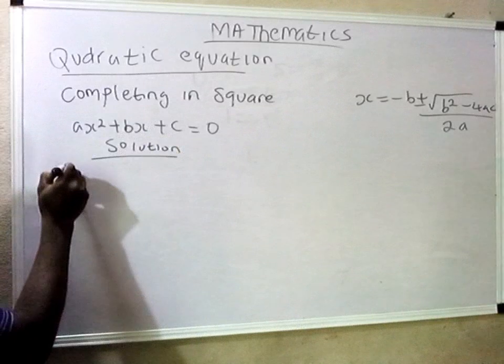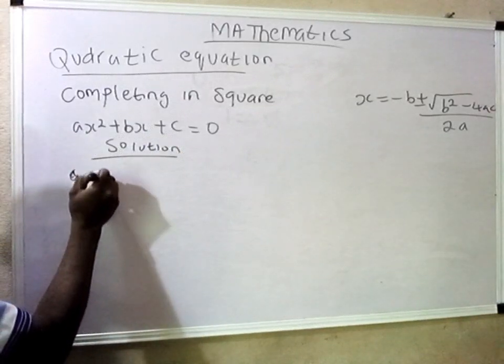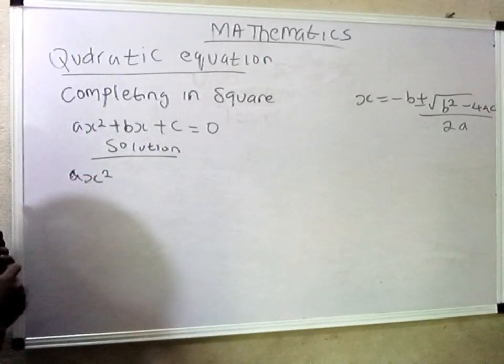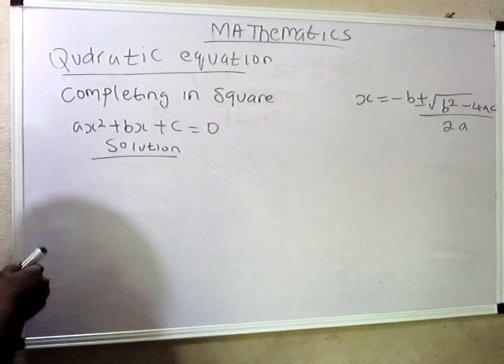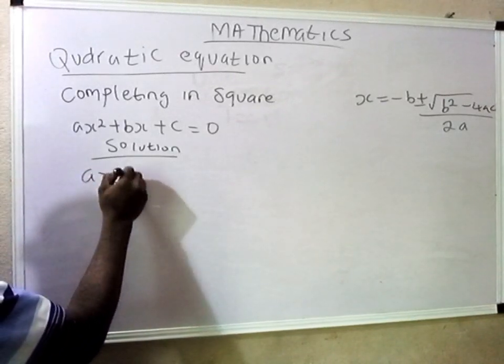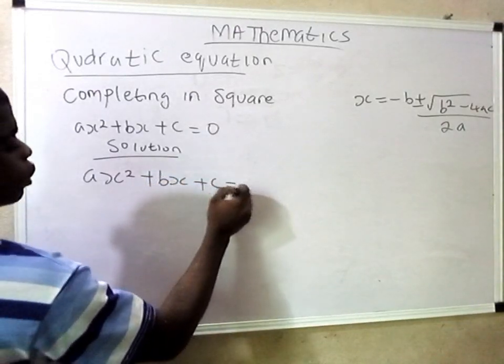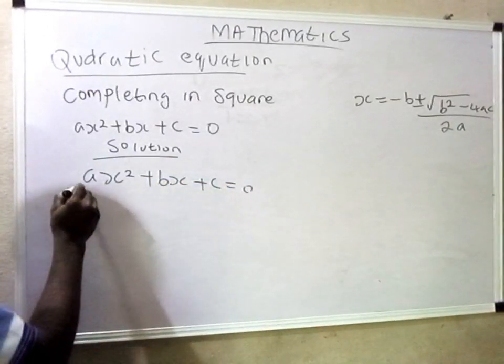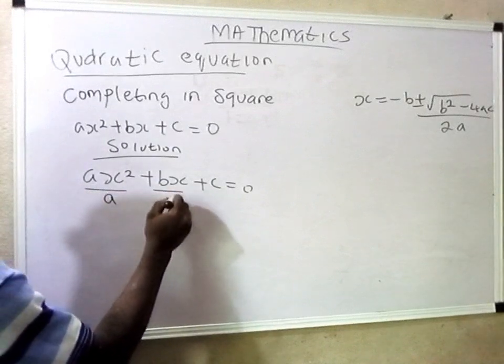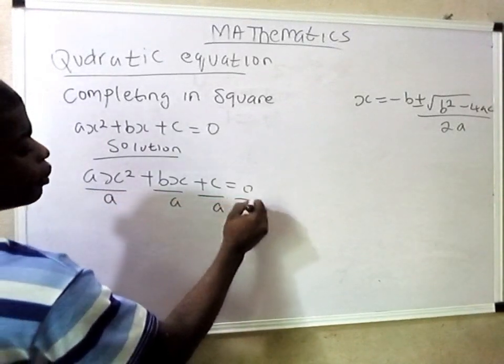So let's look at the question: ax squared plus bx plus c equals 0. The first step is to divide each and every term by a.